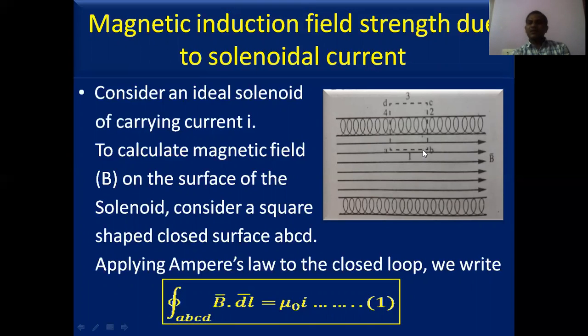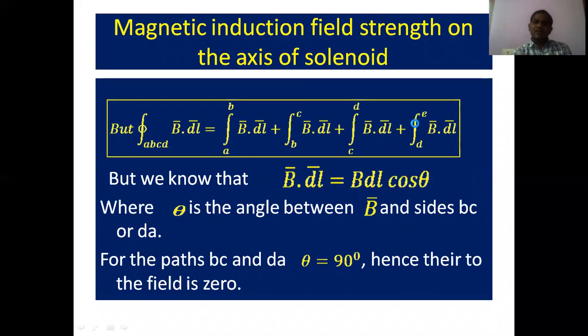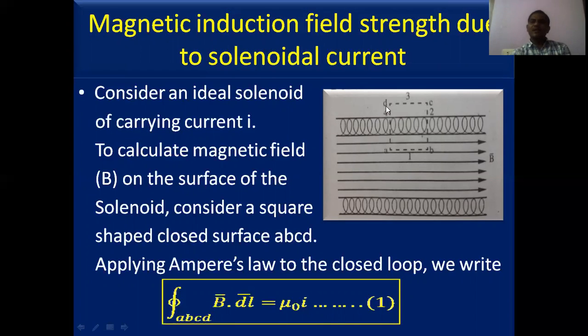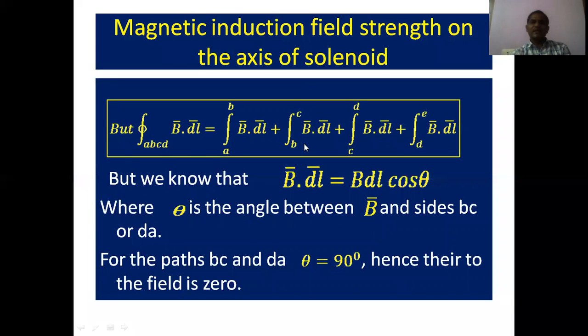Integral from A to B plus integral from B to C plus integral from C to D plus integral from D to A. So I have written here closed integral ABCD B bar dot dl bar equals integral A to B B bar dot dl bar plus integral B to C B bar dot dl bar plus integral C to D B bar dot dl bar plus integral D to A B bar dot dl bar.